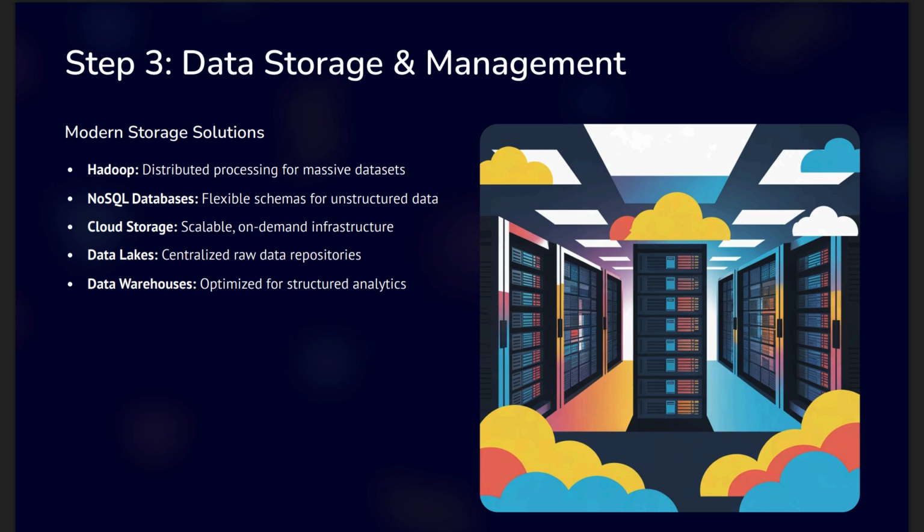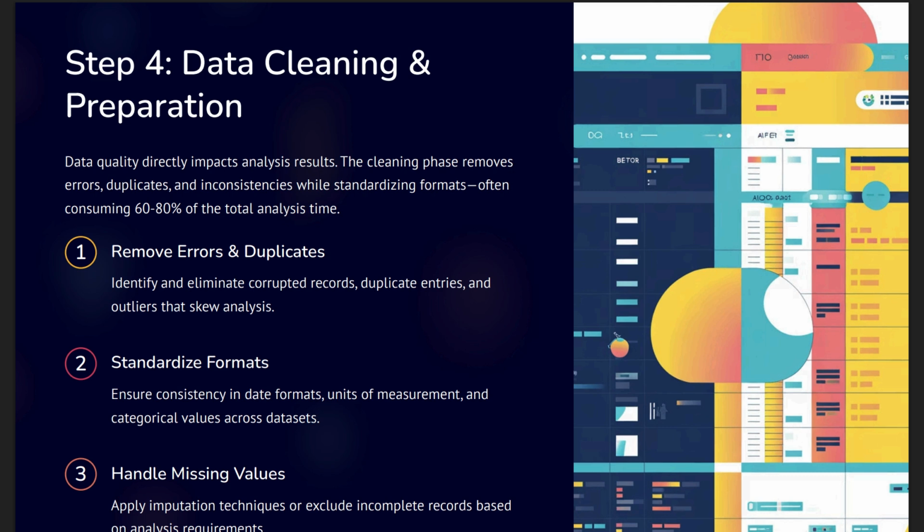Cloud storage. Platforms like AWS, Google Cloud, and Azure offer scalable and pay-as-you-go storage options. Data lakes. These store raw data in its original form until needed. Data warehouses. These are structured and optimized for analysis and querying.